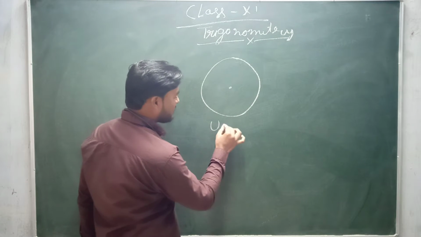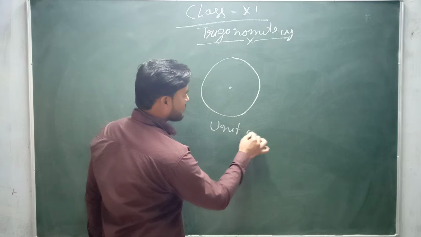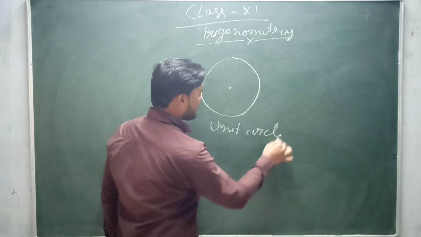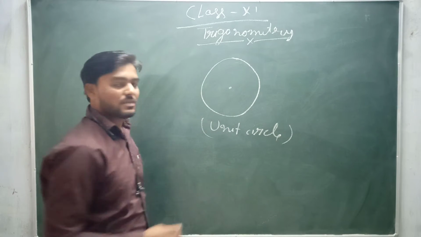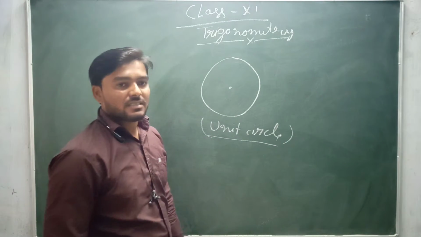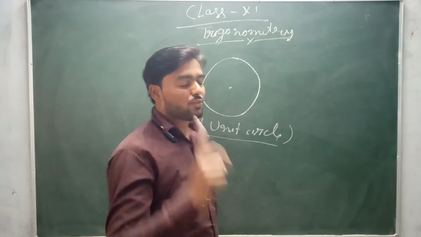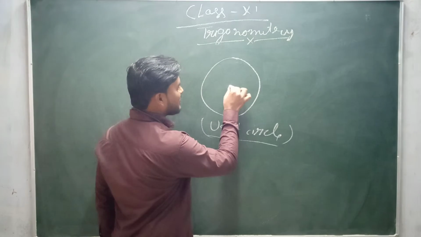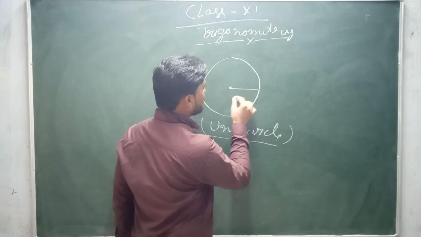This is the unit circle, and for the unit circle it is necessary that the radius should be equal to 1.